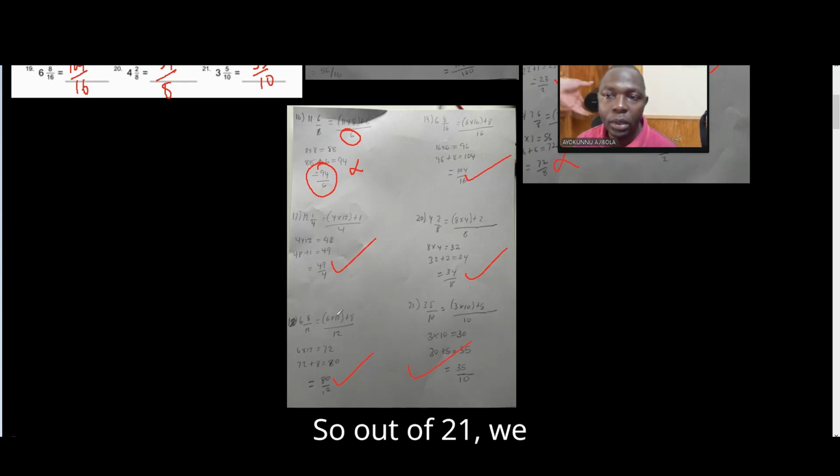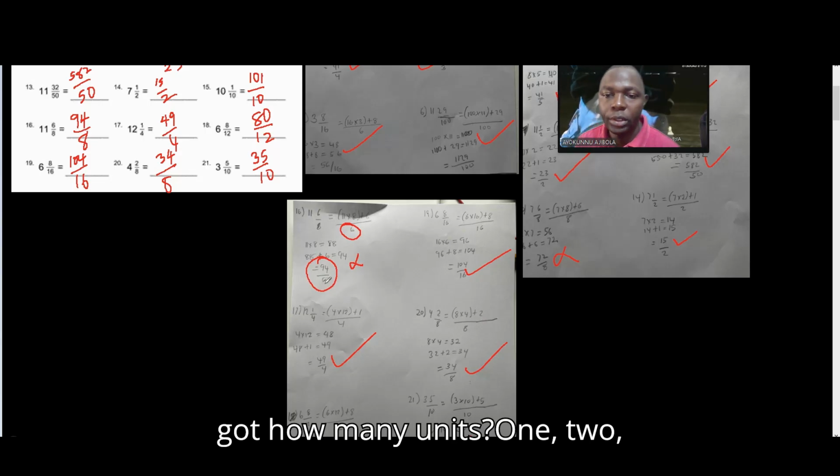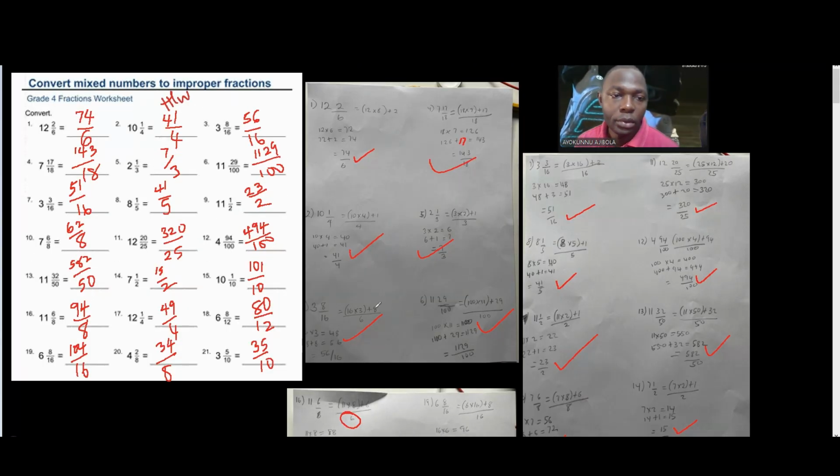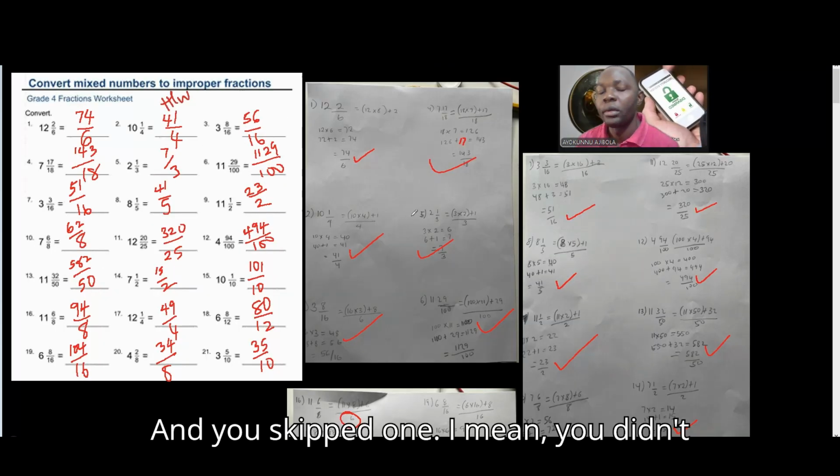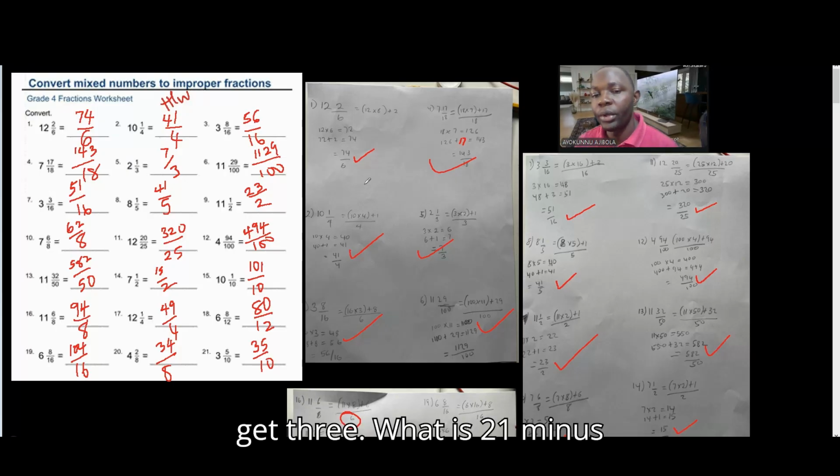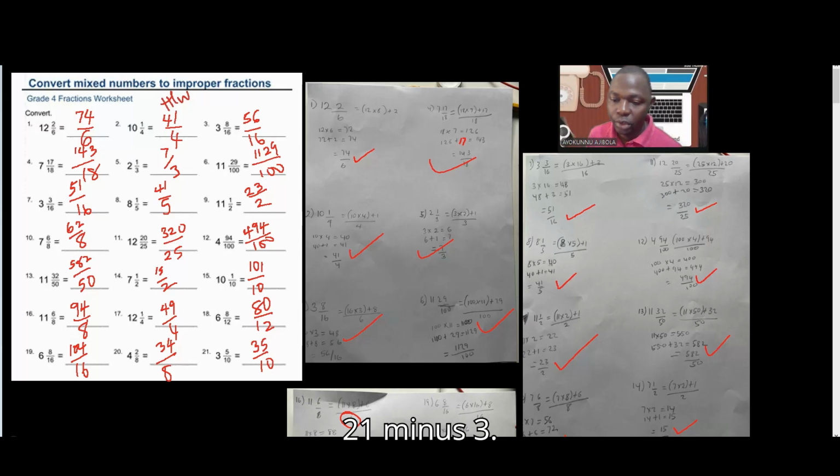So out of 21, how many did you miss? One, two. Maybe you missed only two, right? And you skipped one. I mean, you didn't get three. What is 21 minus 3? 21 minus 3 is... 20? How can it be 20? 21 minus 3.